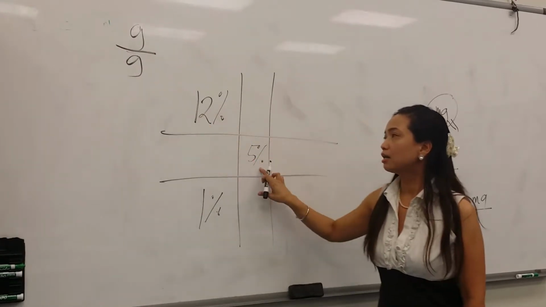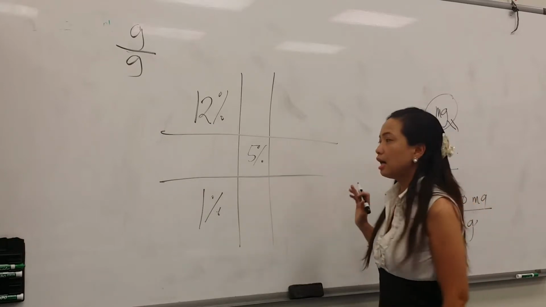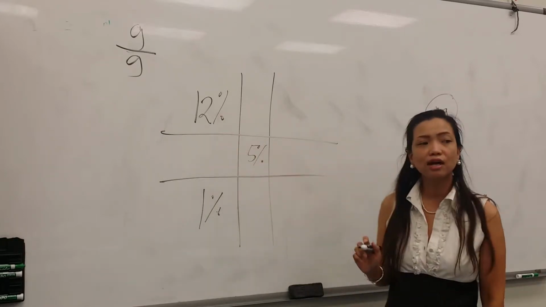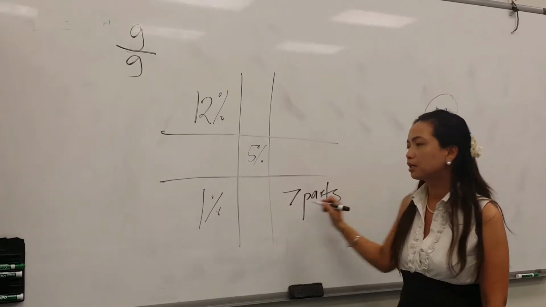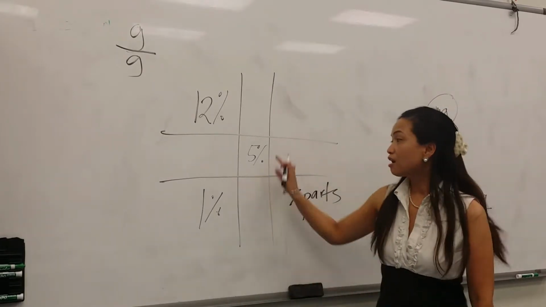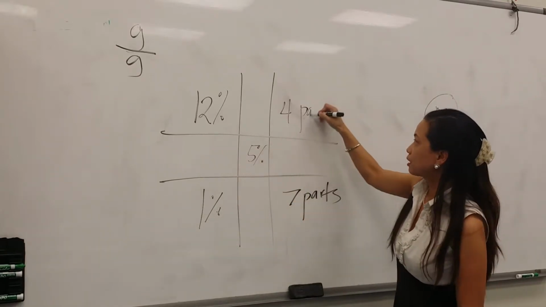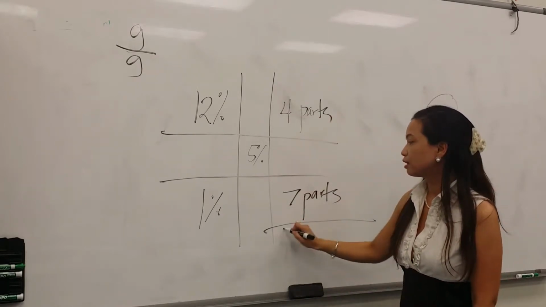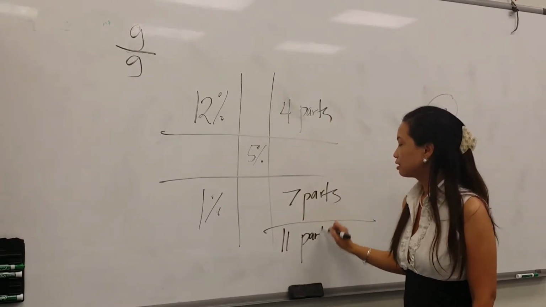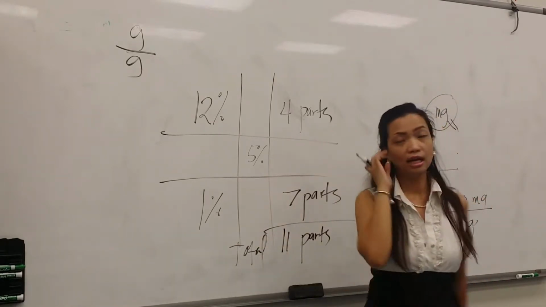12% minus 5%, absolute. There's no positive or negative. Absolute is always positive. 12 minus 5 is? I will write 7 in the word parts. 5 minus 1, absolute. I will write 4 parts. I will add this, 7 plus 4 is 11 parts. And I would write the word total here. This is how I do it.